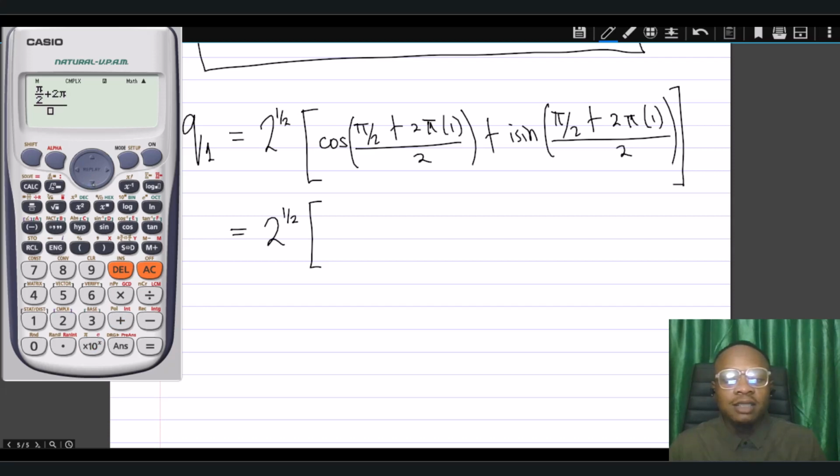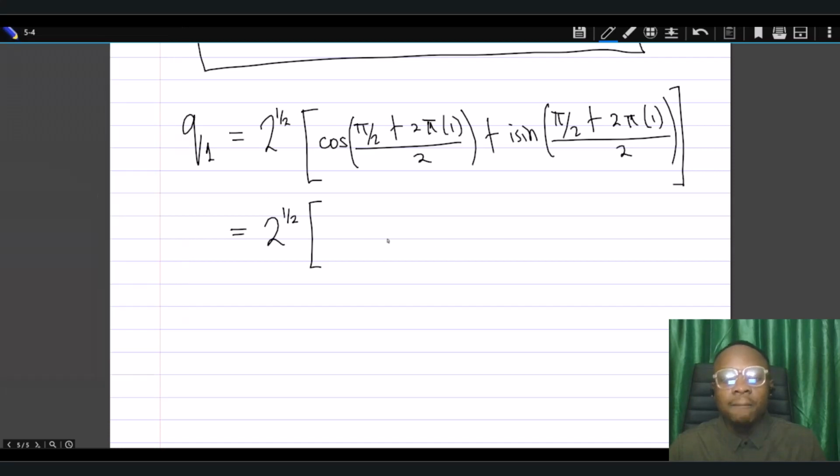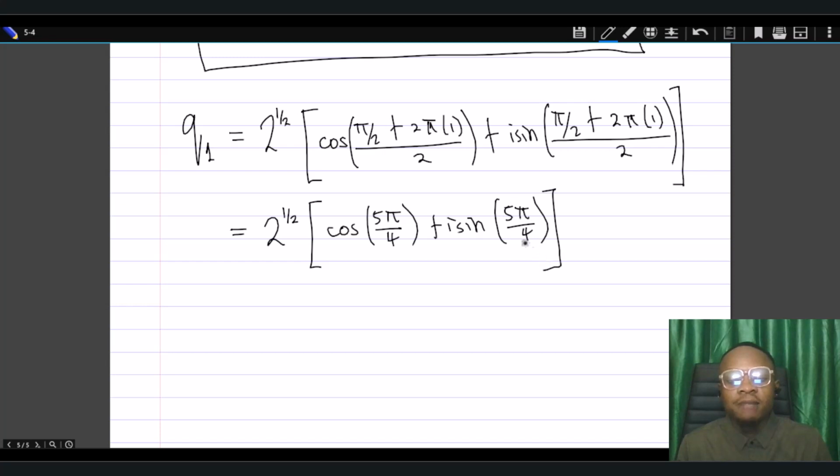Then we divide everything here by 2. That gives us 5 pi over 4. So we have cosine of 5 pi over 4, then plus i multiplying the sine of 5 pi divided by 4. So we close this bracket.